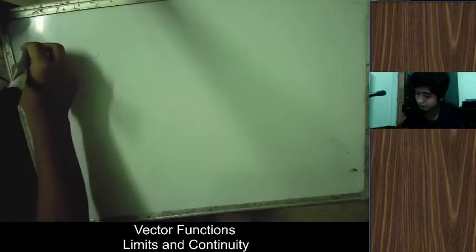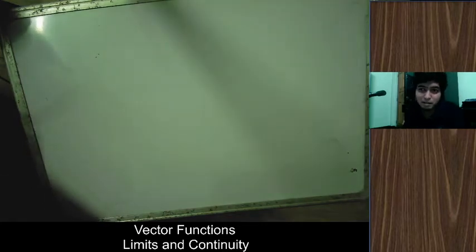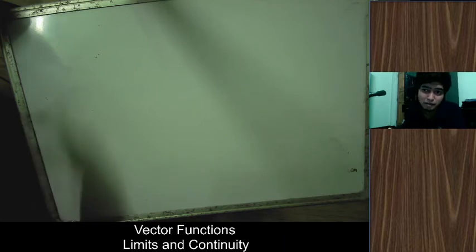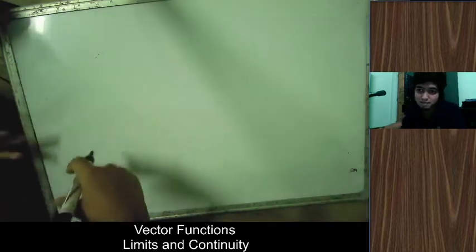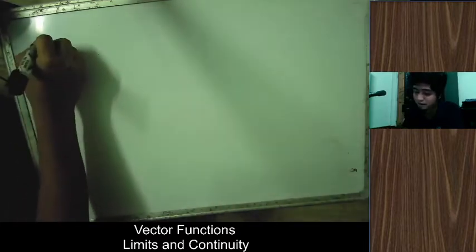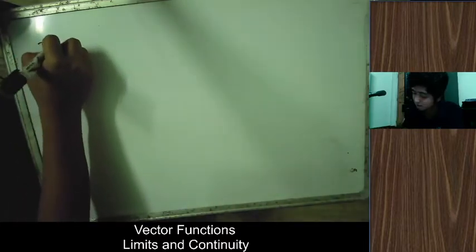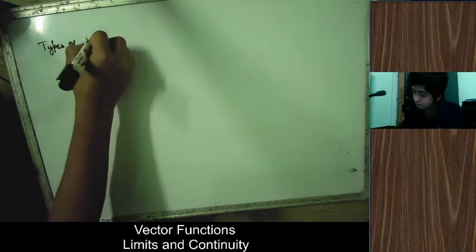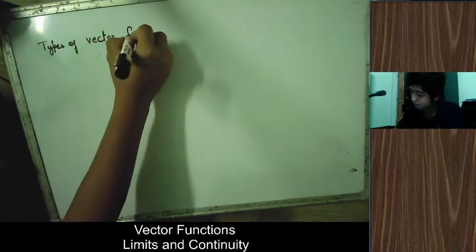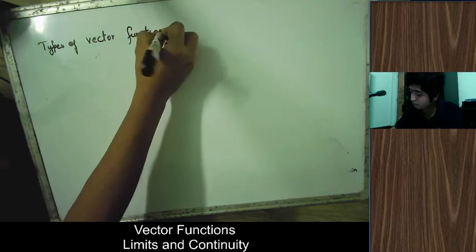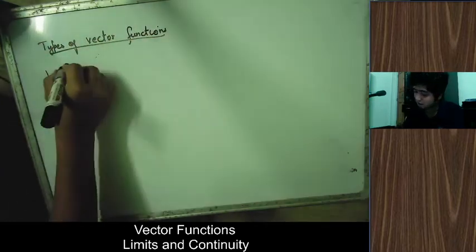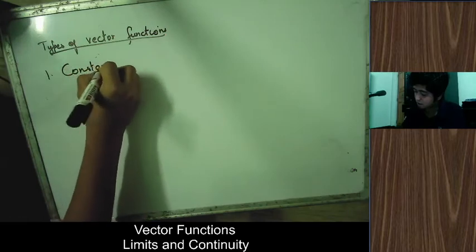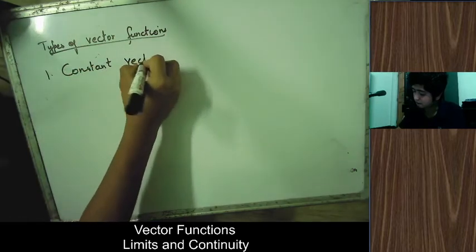Over here you should remember that there are different types of functions: constant functions, polynomial functions, and so on. But the most interesting ones that we will be studying are these types of functions. The first one is constant vector functions.